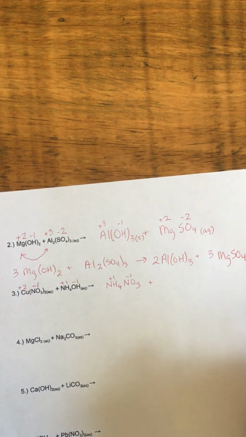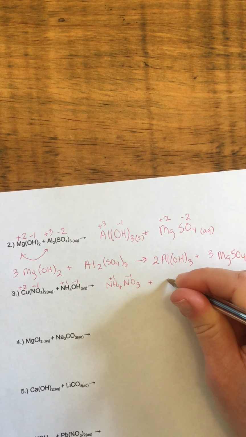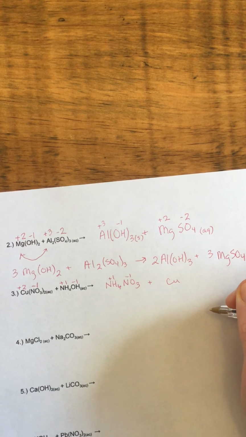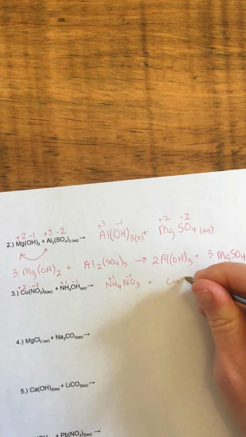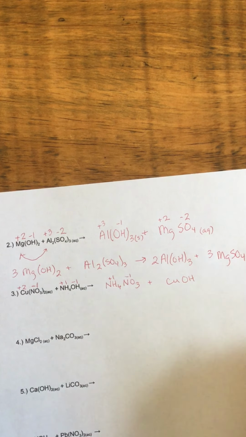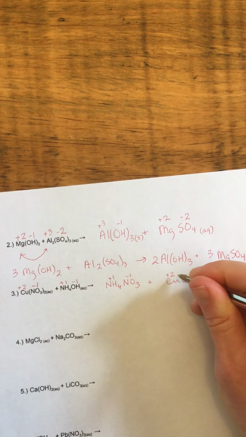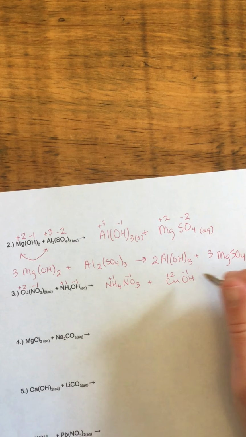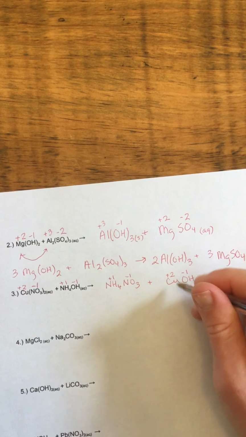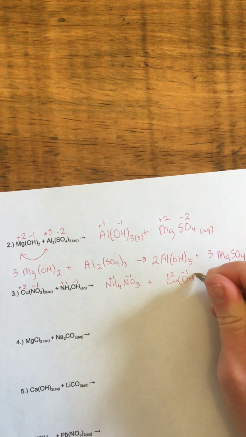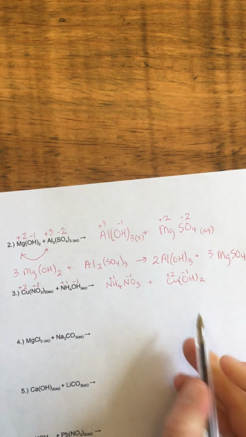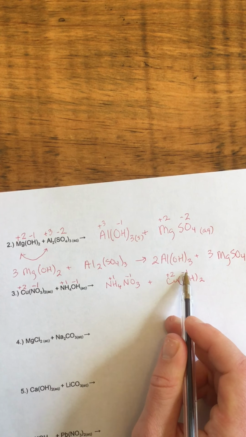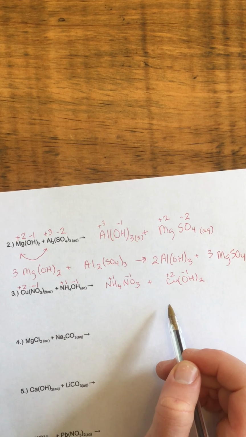The other product that forms would be made up of copper and hydroxide. But copper still has its +2 charge, hydroxide has a -1 charge, so now I need to make sure the charge balances out, so I'm going to make it so that there are 2 hydroxide groups. 2 times -1 plus +2 would get us to 0.